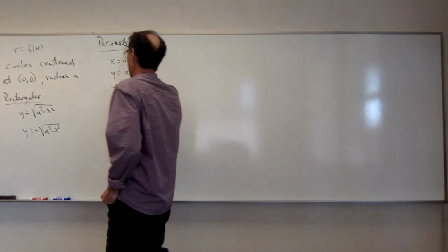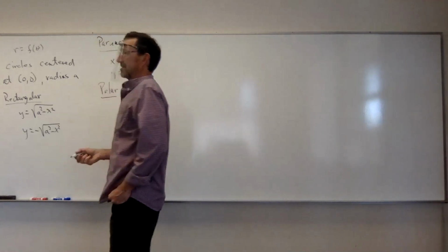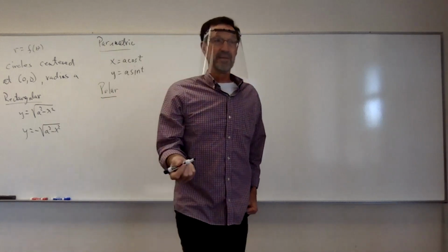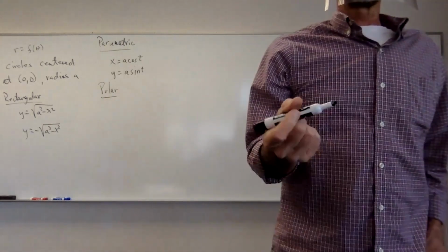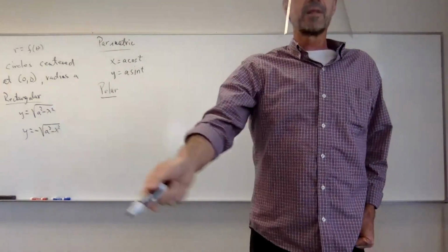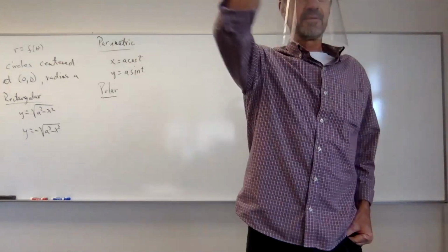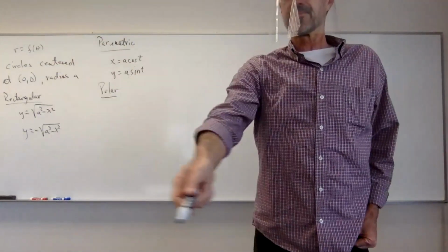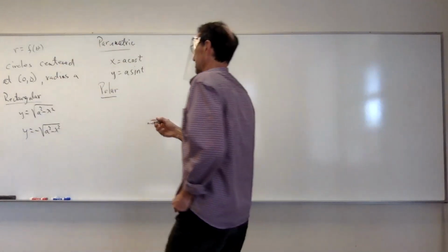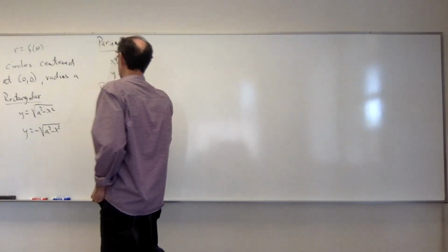But if we go to polar, we get the simplest possible function. That is a circle centered at the origin, radius a. Well, every point on that circle, how far away from the origin is it? a units. So we get a constant function, miraculously.